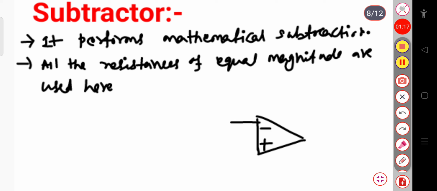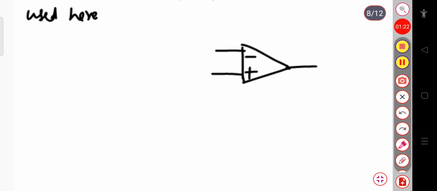This is your operational amplifier and this is your output terminal. Here is a resistor, and here also we connect a resistor for the non-inverting terminal, and at this point there is another resistor connected to the ground.